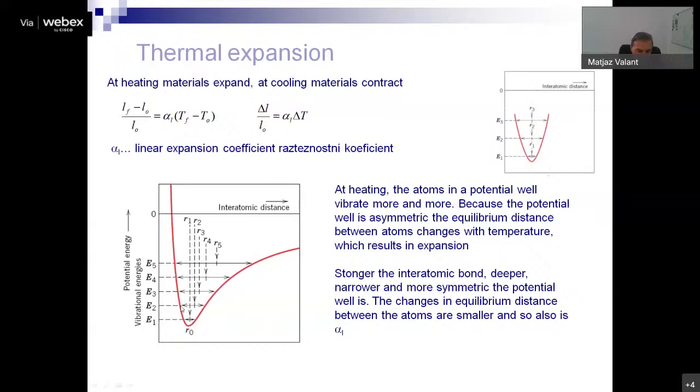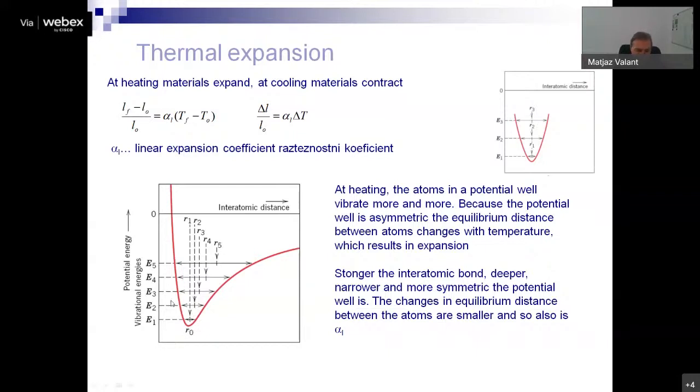So you see that its average position will move slightly when the atom oscillates with energy A2. It will move slightly towards a higher distance compared to its equilibrium distance.